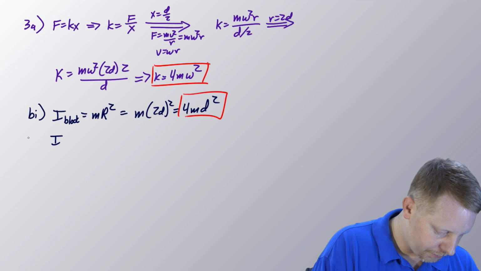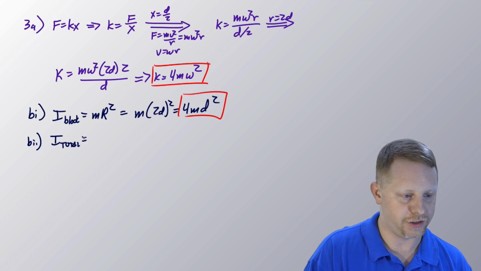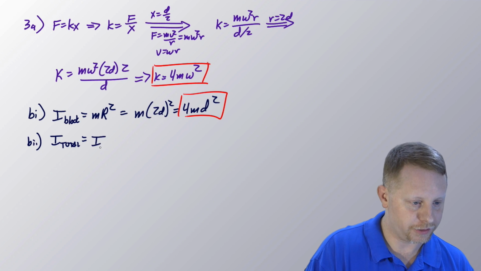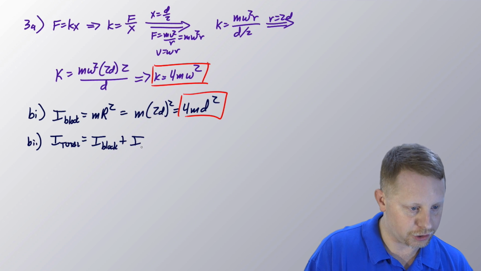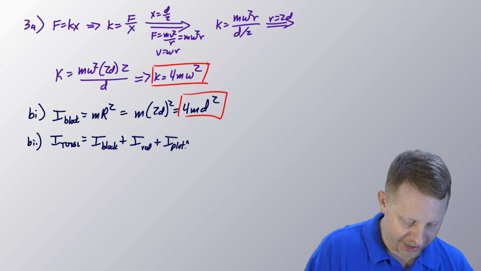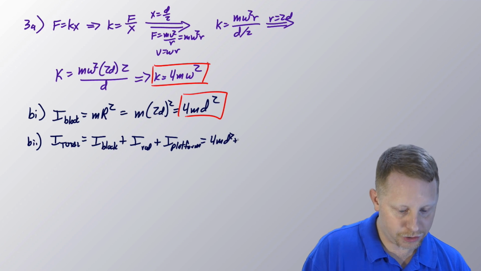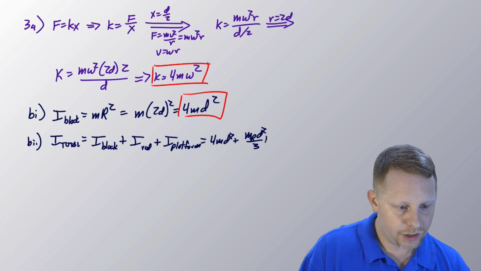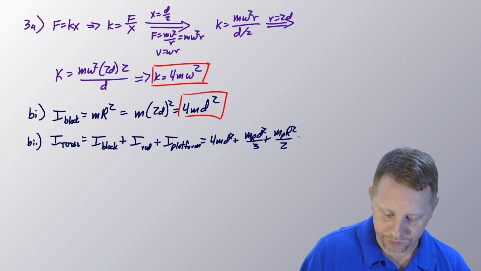Well, the total rotational inertia, we just add up the individual moments of inertia. So we've got the moment of inertia of the block, plus the moment of inertia of the rod, plus the moment of inertia of the platform, which is 4md squared, plus mr d squared over 3, plus mp r squared over 2.